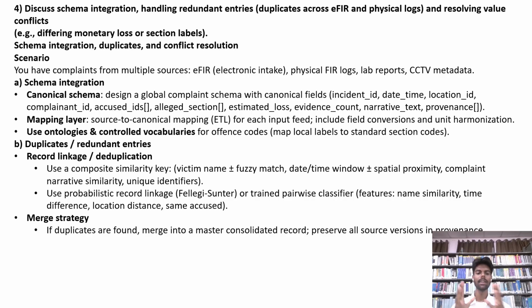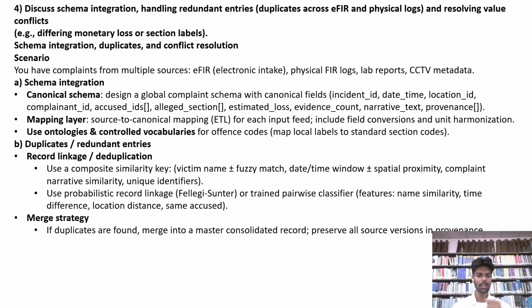B. Duplicate and redundant entities. Record linkage and deduplication: use a composite similarity key, victim name plus fuzzy matches, date or time window plus spatial proximity, complaint narrative similarity, and unique identifiers. Second, use probabilistic record linkage, Fellegi-Sunter, or trained pairwise classifiers.